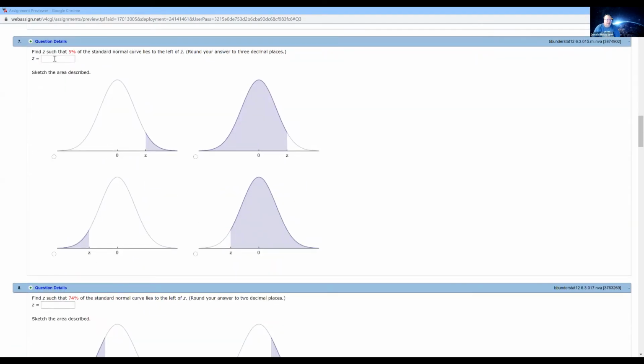Now, here is the other version. Find Z such that 5% of it lies to the left. Now, in the picture, would you agree that that one suits 5% to the left? And since this is a normal distribution, won't you do inverse norm? Anyway, you do, even if it wasn't. But won't you do inverse norm 0.05, 0, 1?